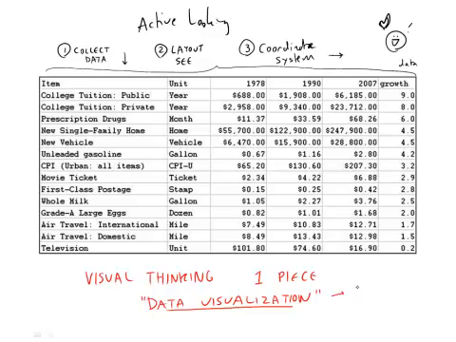Data visualization is just one piece of the entire world of visual thinking, but it is an excellent piece to start with when we want to practice our active looking. Later on, we're going to move into very different kinds of visual thinking that has nothing to do with data visualization. But I do want to point out that that's what we're going to do now, data visualization. Excellent way to get started with active looking.